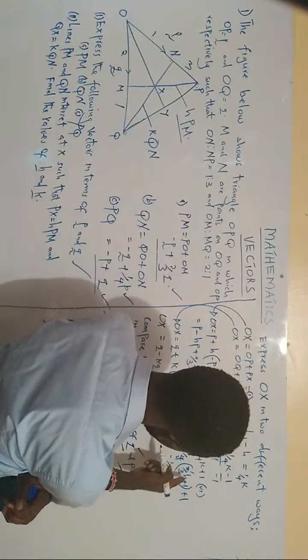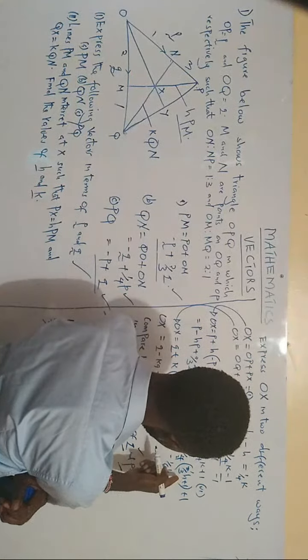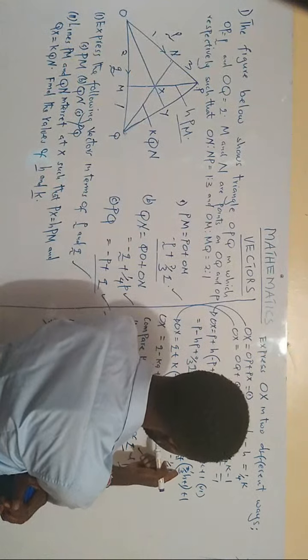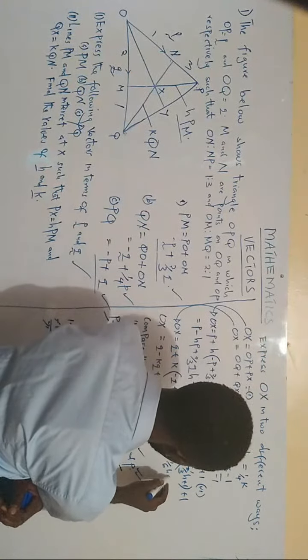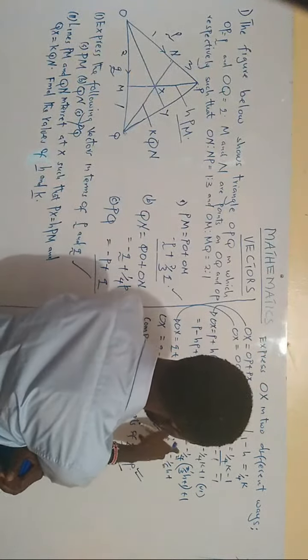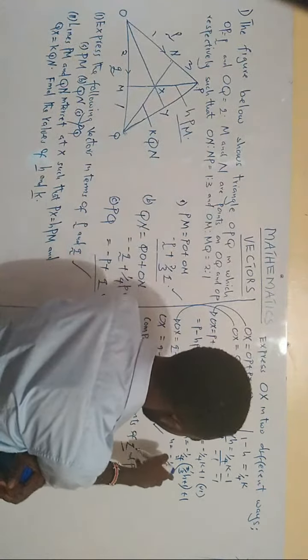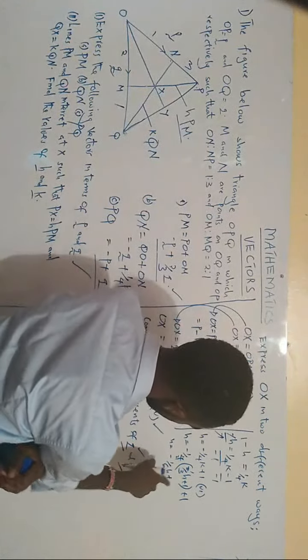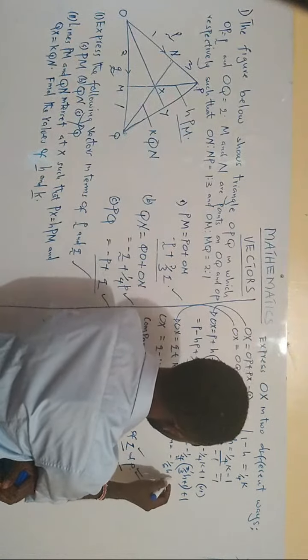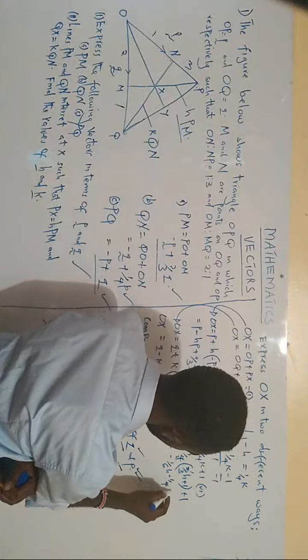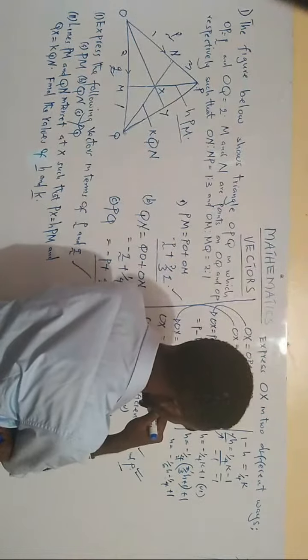We can say it is -2 out of 12, which is equal to this one, then plus -1/4 multiplied by 1, it will be -1/4, then plus 1. Right?